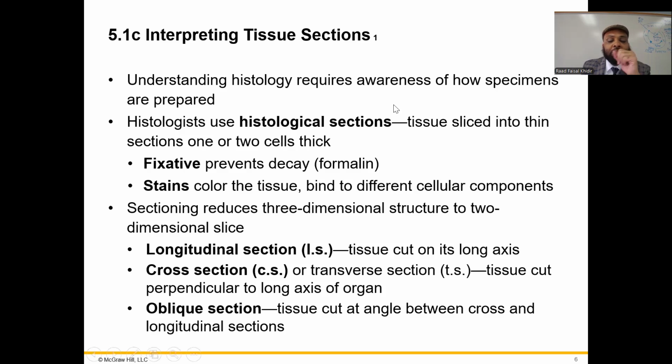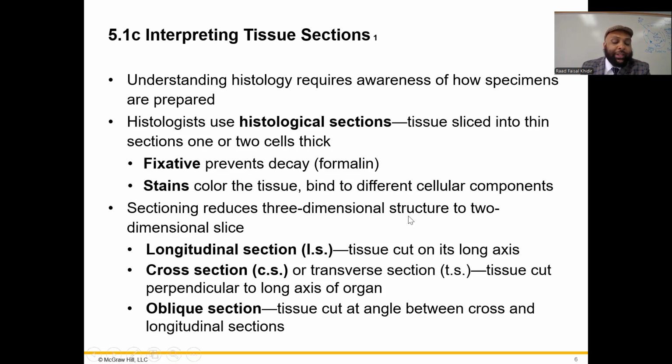There's a longitudinal section, and that is the tissue cut on its long axis, and there is a cross section or transverse section. And here, the tissue is not cut on its long axis as in the longitudinal section. The tissue is cut perpendicular to the long axis of the organ.